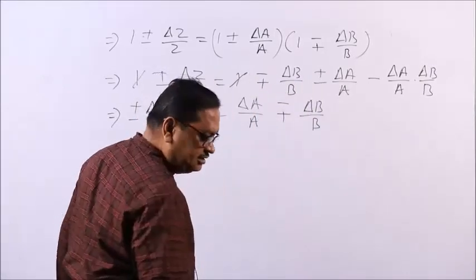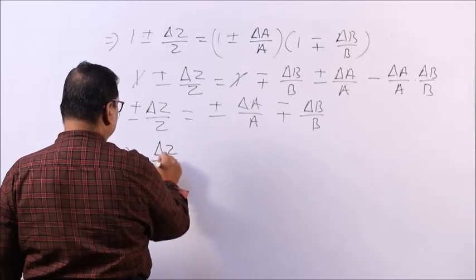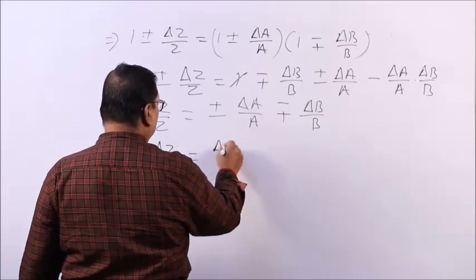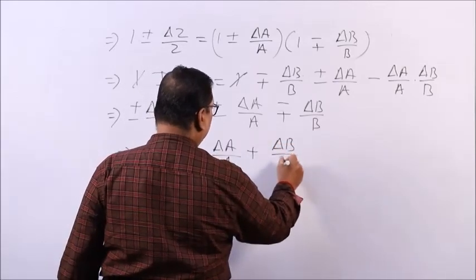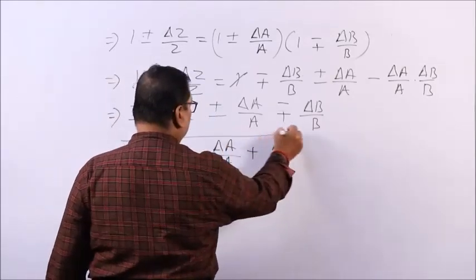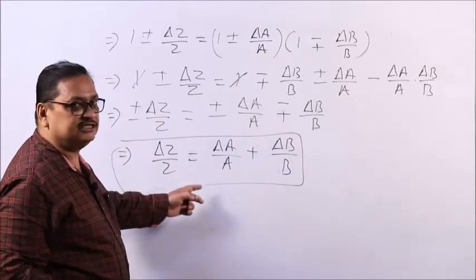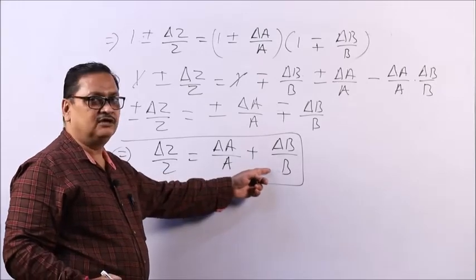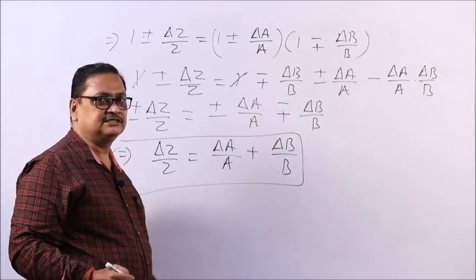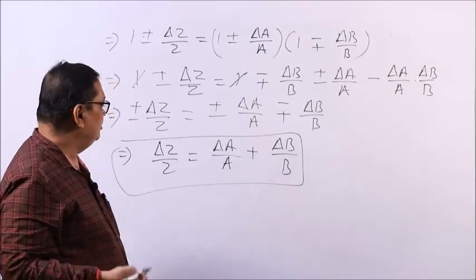Among them, the maximum possible error is delta z by z equal to delta a by a plus delta b by b. So, here also the relative error is added finally. So, the process is division, but the final error is added. So, error will always increase whatever may be the process, addition, subtraction, multiplication or division.